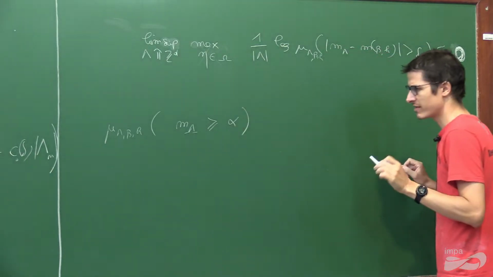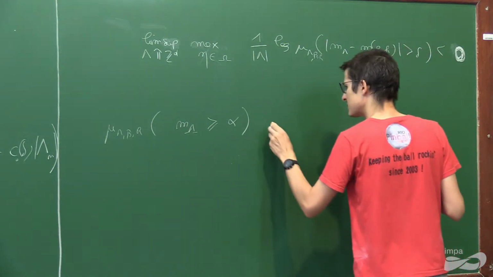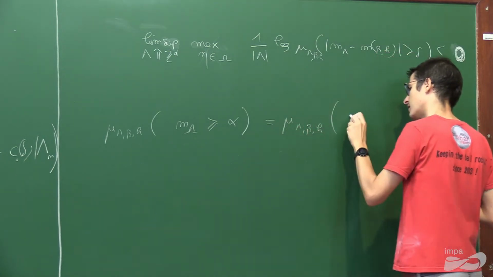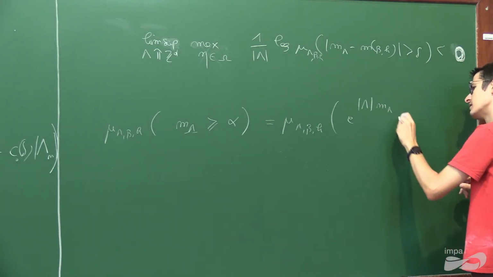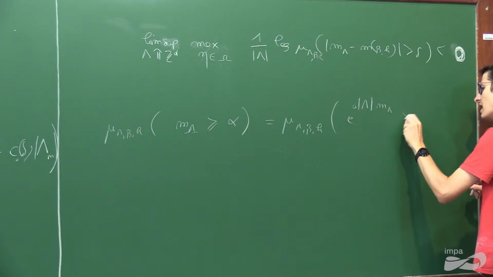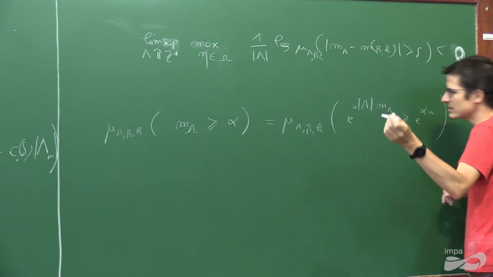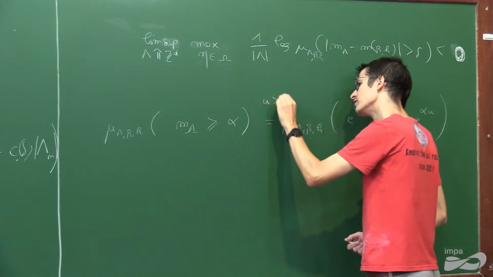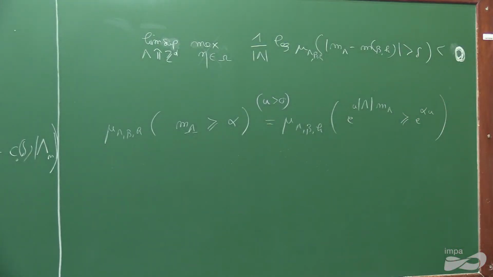Having this is exactly the same as saying that exponential lambda m lambda u is larger than exponential lambda alpha u. This is true as soon as u is positive, just using the fact that the exponential is a strictly increasing function.